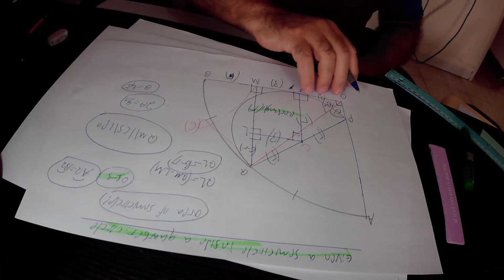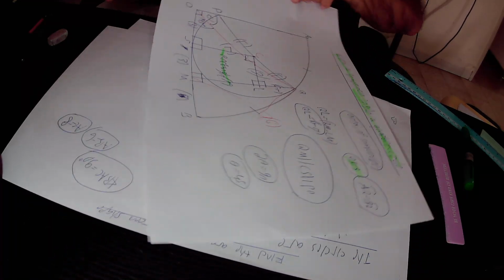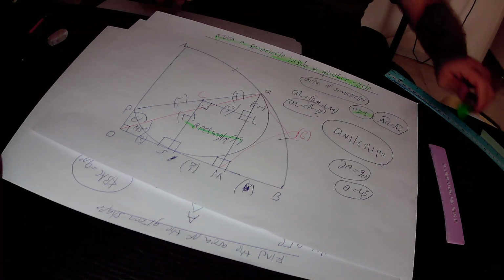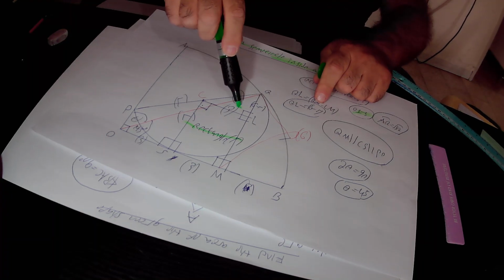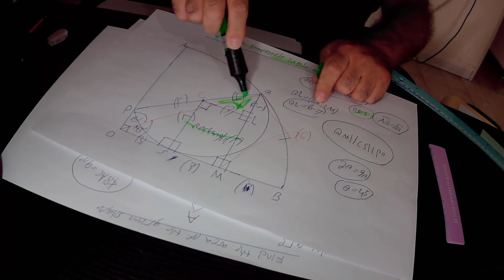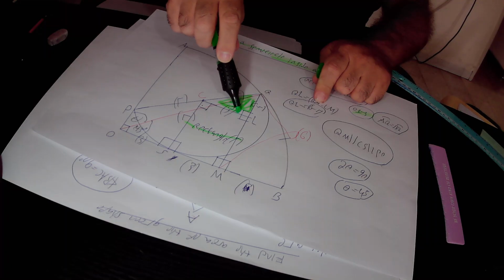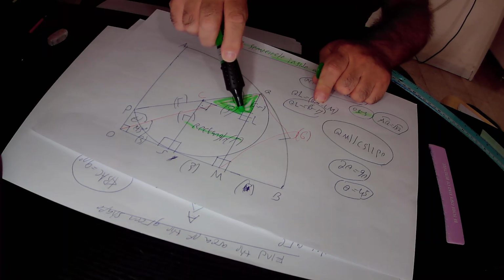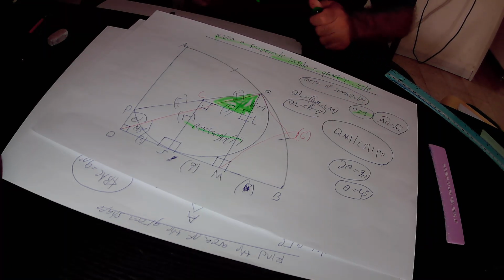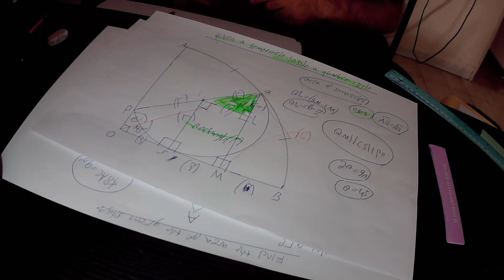So in the next step, we copy this right triangle QLC in your page, and we implement the Pythagoras theorem on this right triangle QLC.